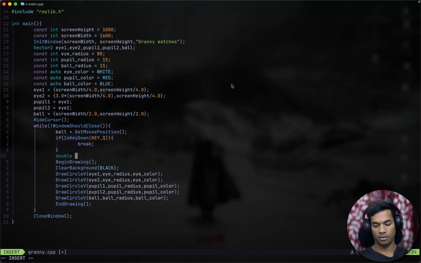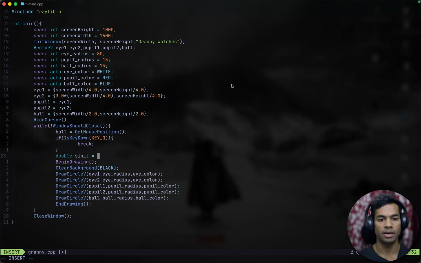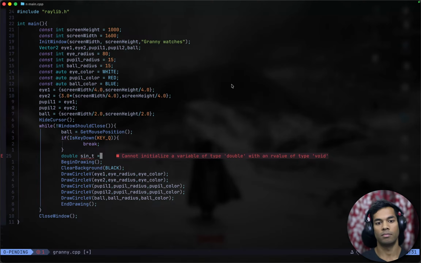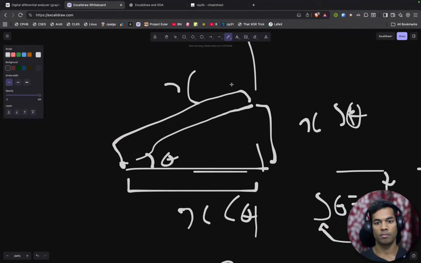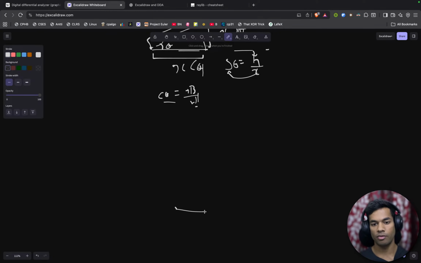Angle, sine theta. Yeah, the whole value of the sine. Since this smaller triangle in which we have to move is a part of the bigger triangle.